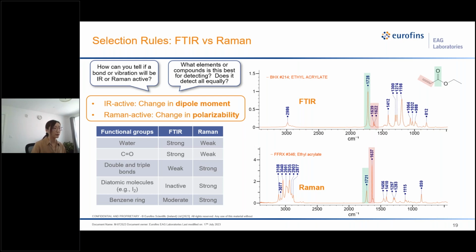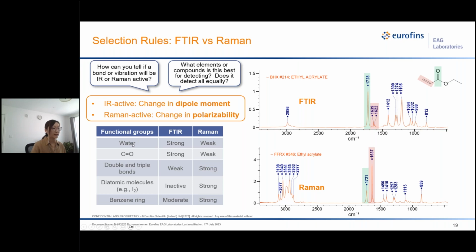The selection rules state that molecular vibrations that are IR active must be accompanied by a change in dipole moment, whereas Raman active vibrations are accompanied by a change in polarizability. Due to the differences in selection rules, some compounds or molecules that have a strong response in FTIR may produce a weak response in Raman and vice versa.